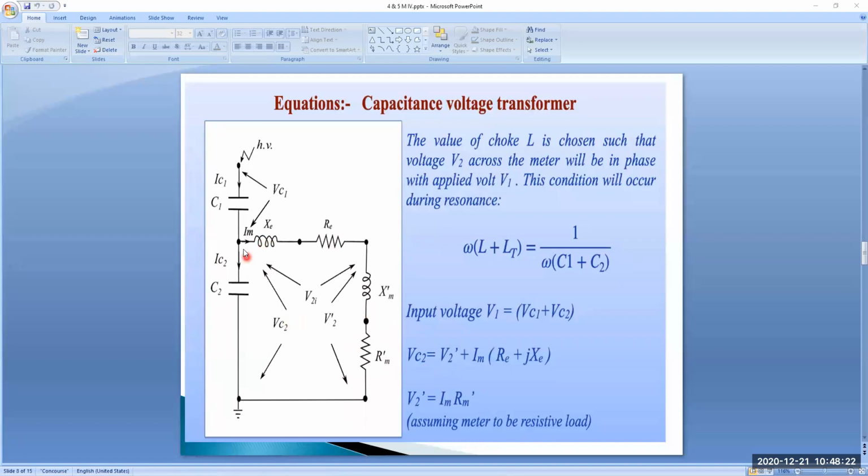VC2 is equal to V2 dash plus IM into RE plus j into X. And V2 dash is IM into RM, assuming the meter to be a resistive load. The inductance effect is very small in the moving iron meter, so V2 dash is equal to IM into RM. This is the capacitance voltage transformer equivalent circuit.